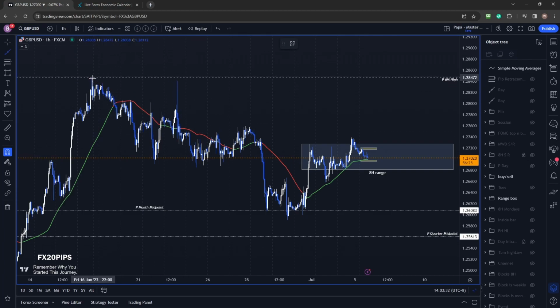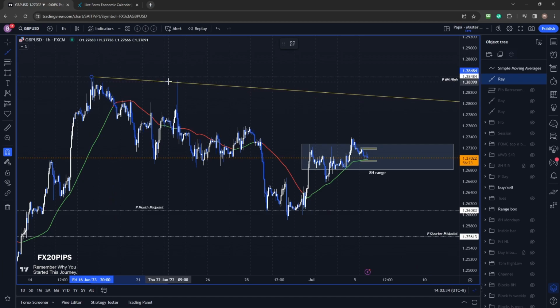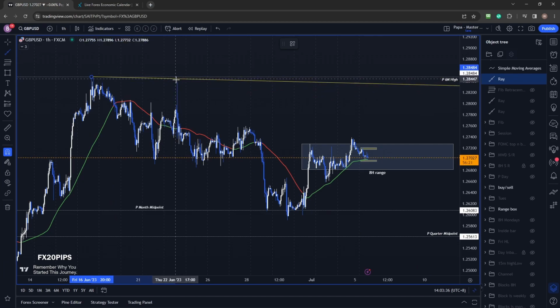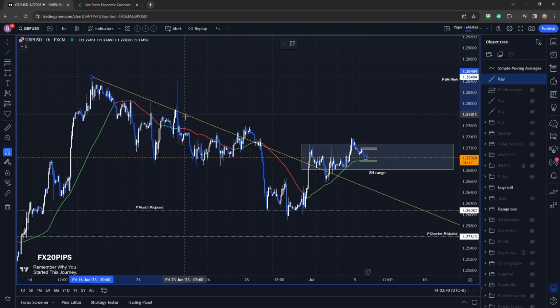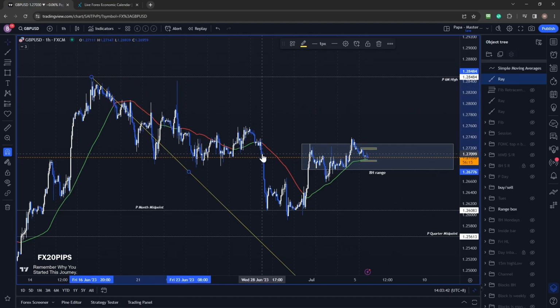Let me try to find the extreme here. If I put it here, it just doesn't look right. For this example, you have to take this as an outlier. Just disregard that one, that could be based on news. Let's try to draw a decent one.